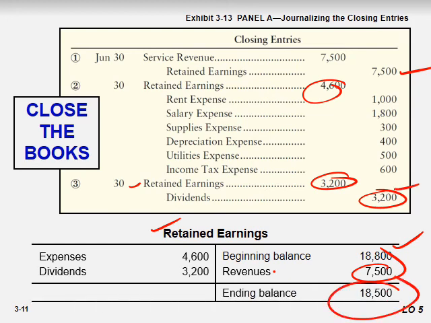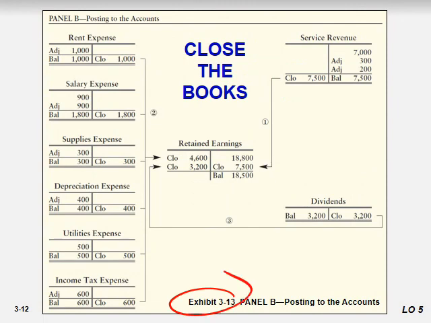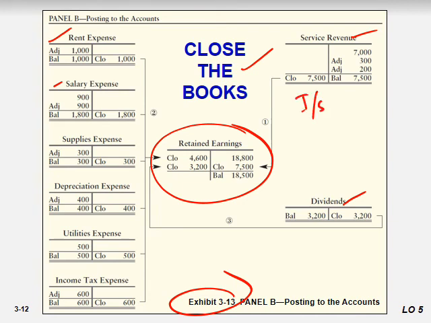So the ending balance is 18,500. So exhibit 3.13 shows the closing of the books. All the ledger account balances of the expenses, revenue and dividend are closed into retained earnings. So the crux of this is that all the items of the income statement must be closed against retained earnings.